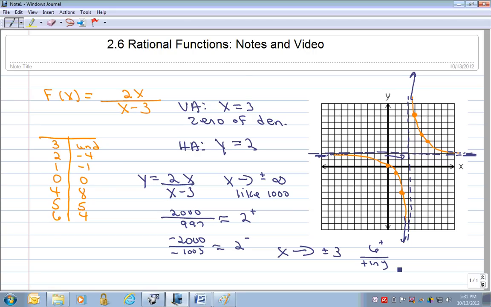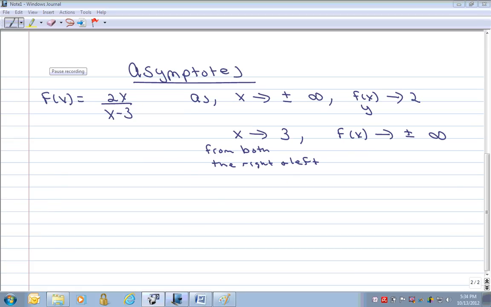All right, let's take a look now at recapping that algebraically. Let's look at this one more time in this same problem. If you look back at your graph, as our x values approach positive infinity, and that would be going out horizontally, this is talking about our horizontal asymptote.